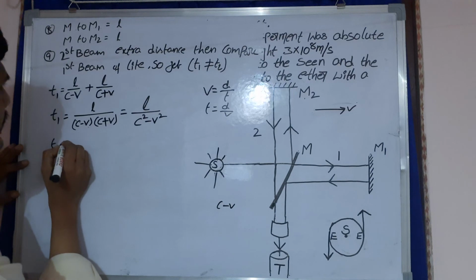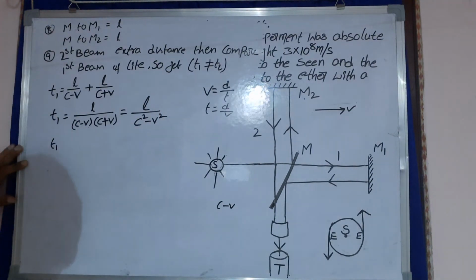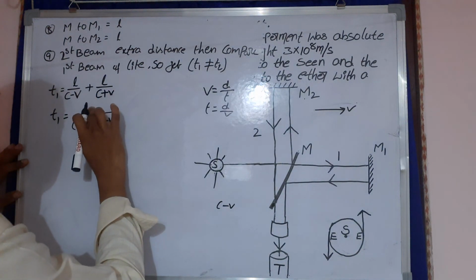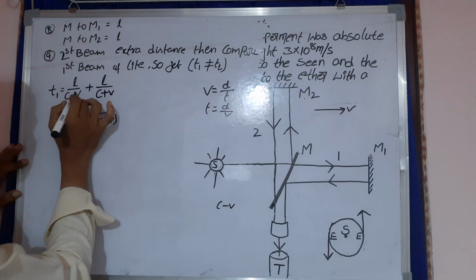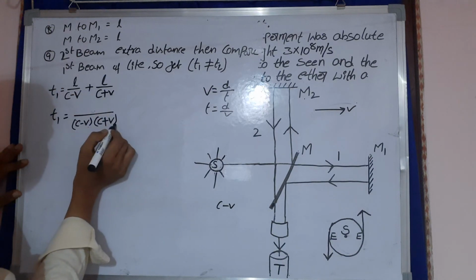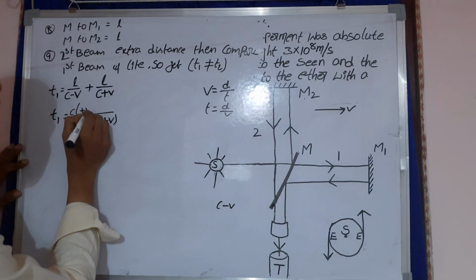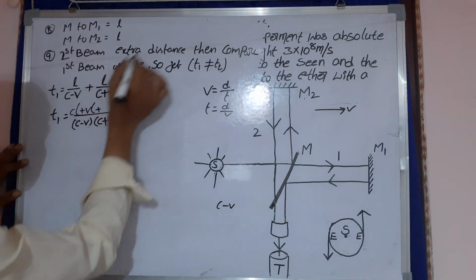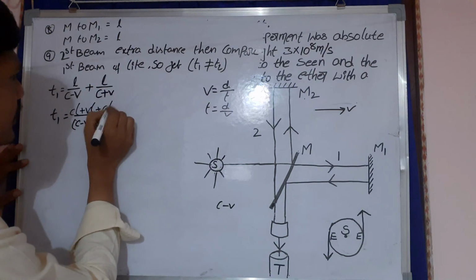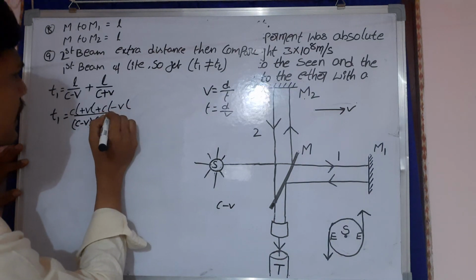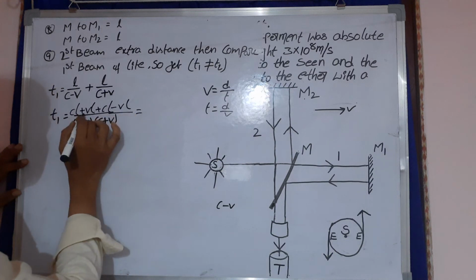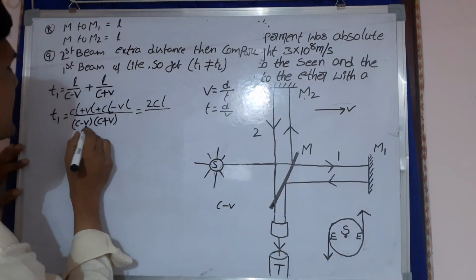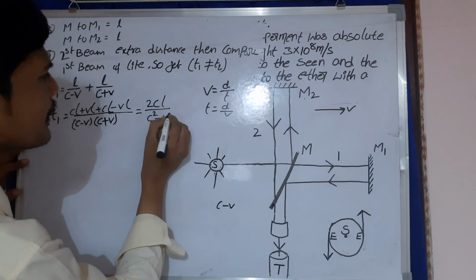So T1 equals, taking the LCM of c minus v and c plus v: L into c plus v, so CL plus VL, plus L into c minus v, so CL minus VL. The negative VL and positive VL cancel, remaining CL plus CL, that is 2CL, by c minus v into c plus v, which is c square minus v square.